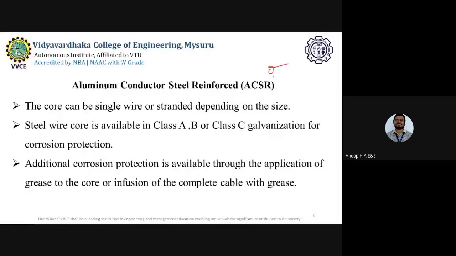So once you have many conductors packed like this, I'm drawing a cross-sectional area here. You will have many such conductors packed together, and you will have the central conductor, which is generally steel reinforcement.